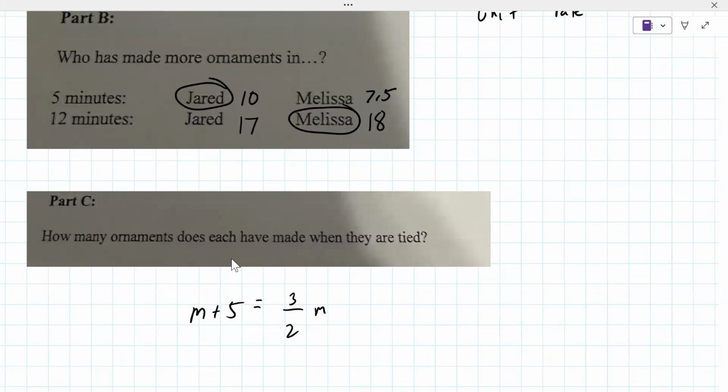Subtract m, and you get 5 equals 1/2 m, so then m equals 10. So then they've each made 10 ornaments when they're tied. M is the number of minutes. So then for 10 minutes, do I plug that back into both the equations? Yeah, it should give you the same value. Okay, so then they've made 15 ornaments when tied. There you go. That's good.